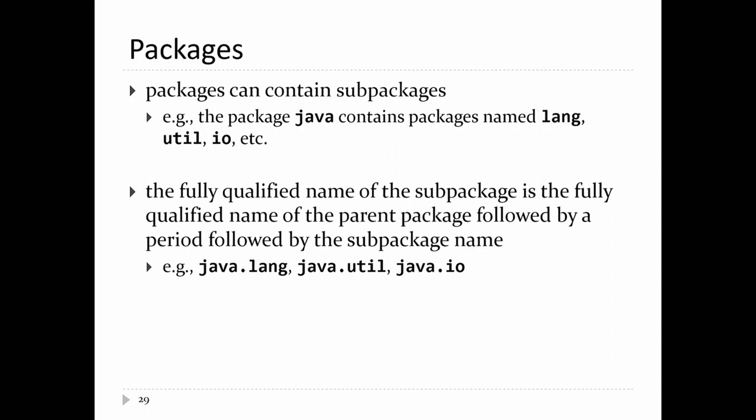The fully qualified name is just the sequence of all the packages where you find a package strung together using periods. Lang is inside the package java, so its fully qualified package name is java.lang. Util is in the package java, so its fully qualified name is java.util.